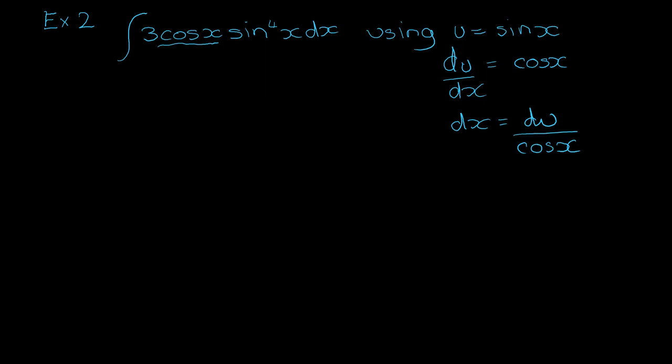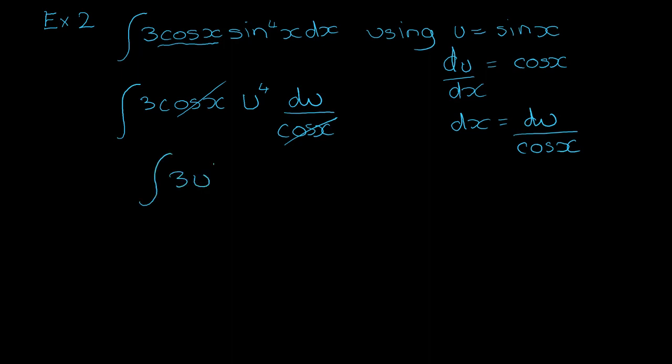So rewriting our integral here, we're going to have 3 cos x times u to the power of 4, and then putting in our dx, we're going to have du over cos x. As I said, we can see that these are going to cancel out, and so our integral is just going to be 3u to the power of 4 du.